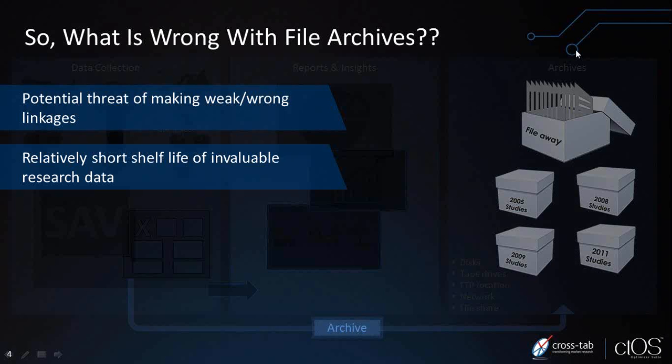And just because it is a pain to dig into the file archives, pull out the old data and report it out, we limit ourselves to reporting trends to say the previous 10 years, 8 years, or even less in some cases. So this in a way is reducing the shelf life of this valuable data that we collect.